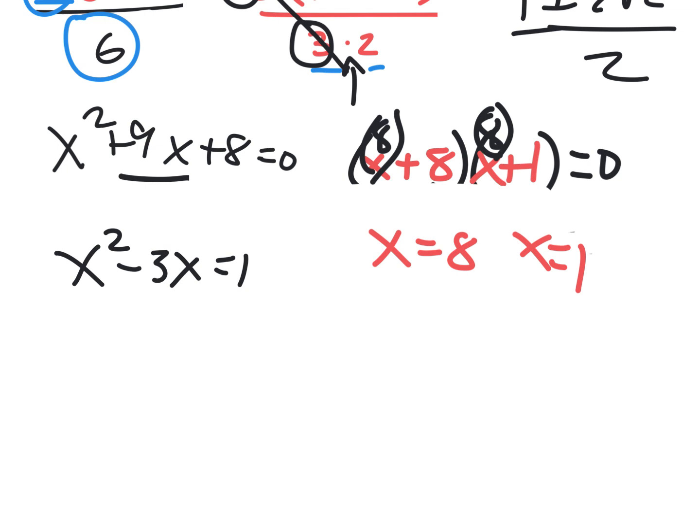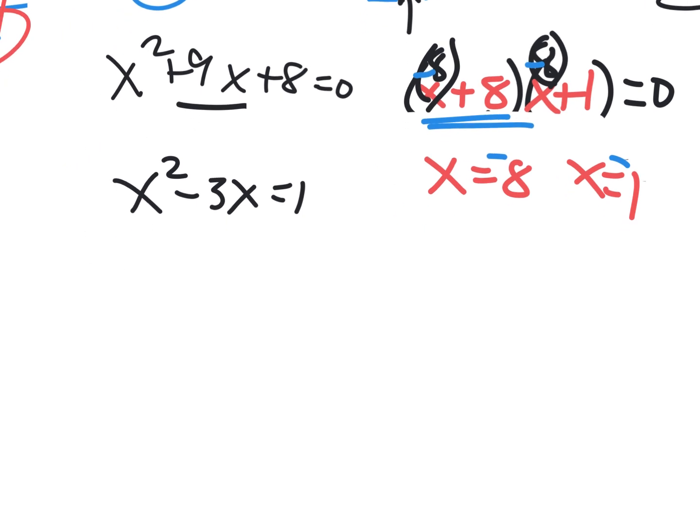No. If I stuck -8 in, would it actually equal 0? Okay, so if I put -8 in, yeah, it equals 0. See? That's why it needs to be -8. And this needs to be -1. Okay? It's because you're trying to make the equation equal 0.